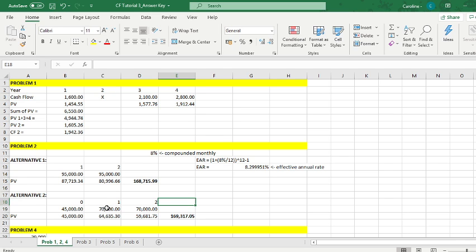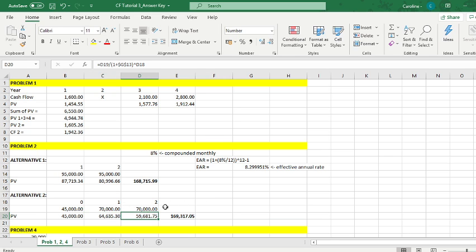Finding the present value of the first and the second year cash flow is basically quite the same as finding the present value of a single cash flow that I told you earlier. The cash flow needs to be divided by 1 plus the interest rate, using the effective annual rate, to the power of 1, because the t is 1 or the period is 1.